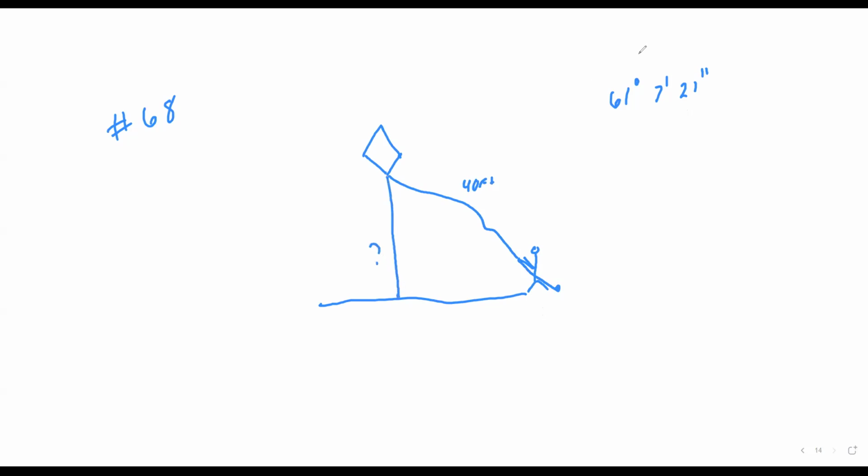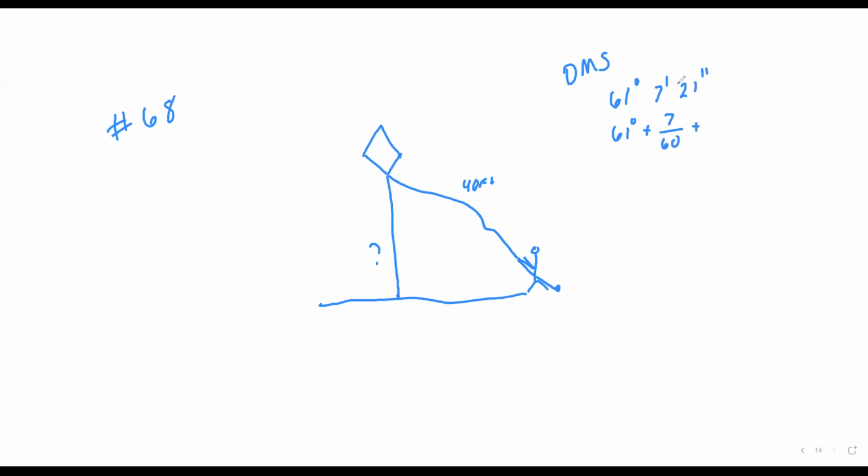All right, so in this order, you have to turn this into degrees. Now, again, it's like that type of thing where they expect you to know how to do this already. But let's talk about what we call DMS, degrees, minutes, seconds. To figure out what this is in degrees, you just have to do 61 degrees plus, there is 60 minutes in 1 degree, so you would do 7 divided by 60.